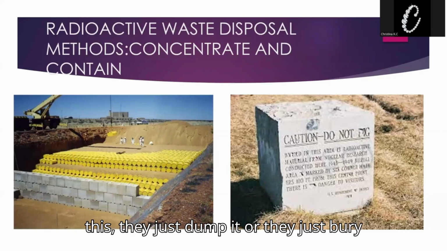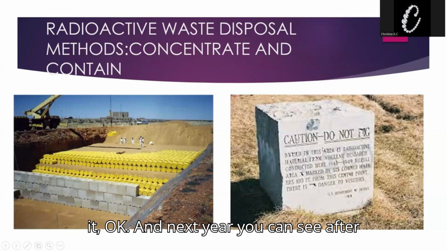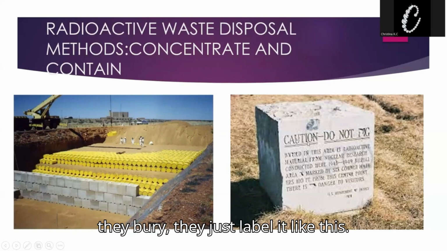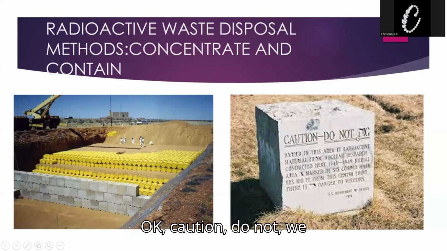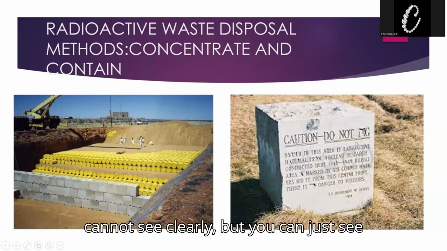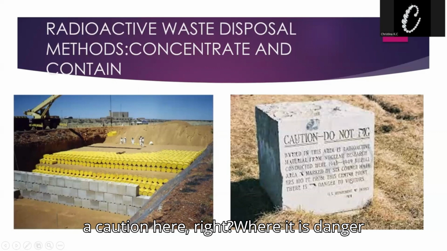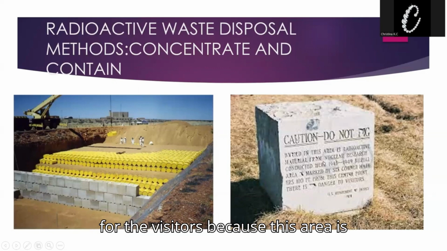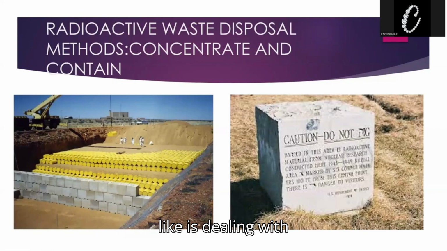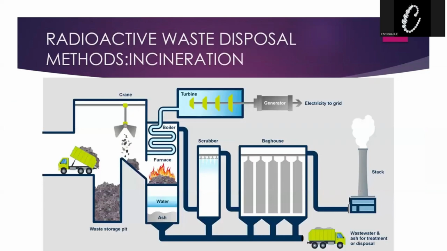So like this, they just dump or bury it. And after they bury it, they label it. We cannot see it clearly, but you can see a caution sign here, a danger warning for visitors, because this area deals with containers of radioactive materials, which is not good for health.